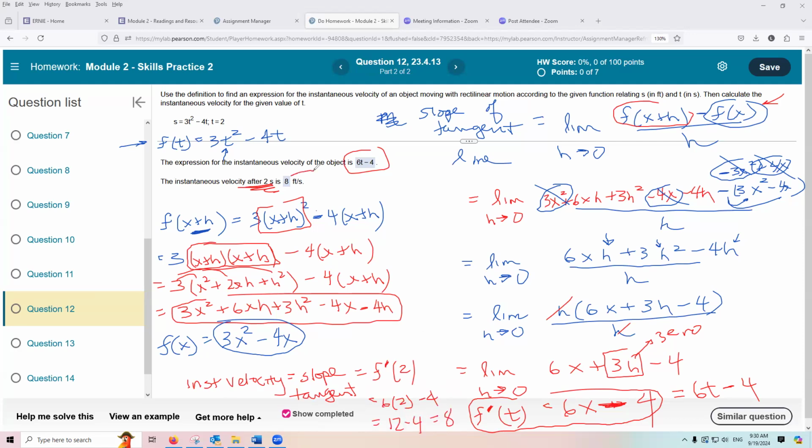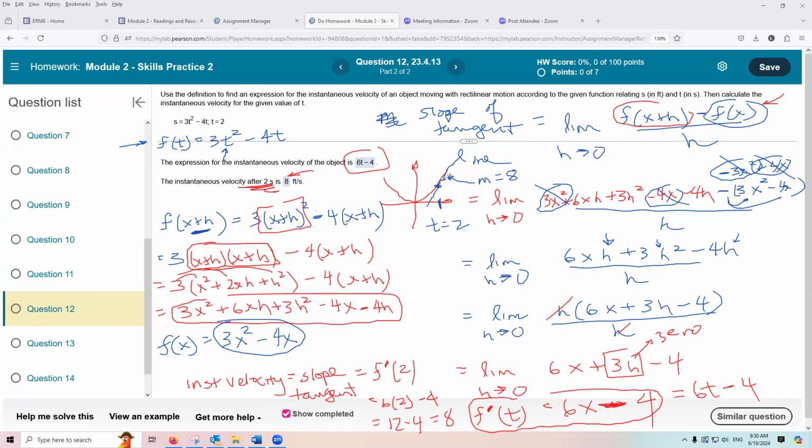So that's this answer here, 8. What it's telling me is the slope of that tangent line at t equals 2. Let me draw it here. So I'm going to go here to t equal 2. And I'm going to draw a tangent line. The slope of this blue tangent line is 8. That's what we just figured out.